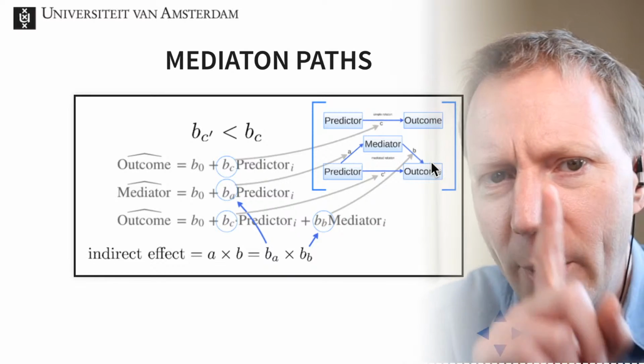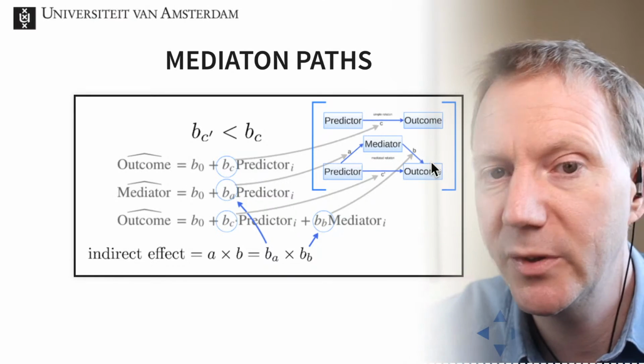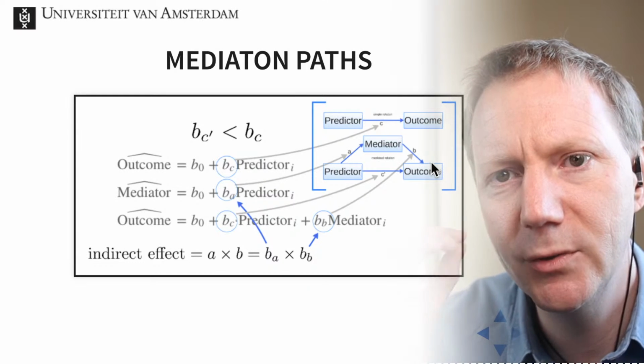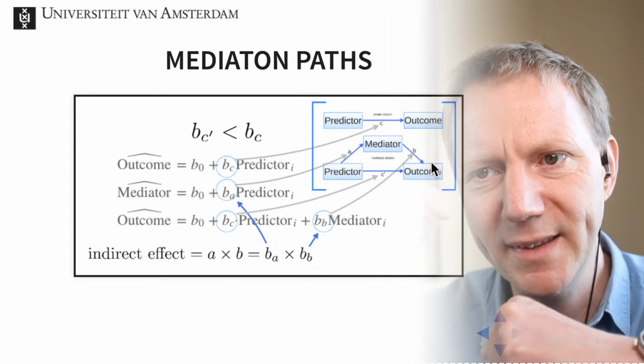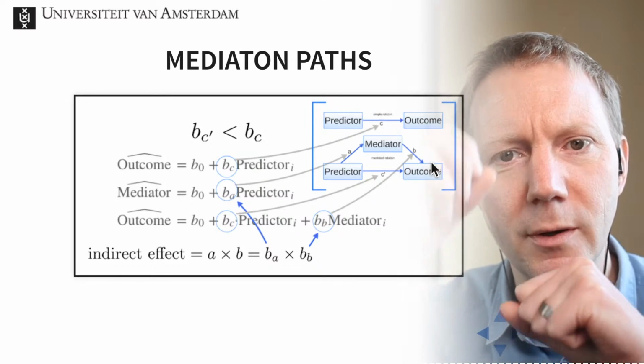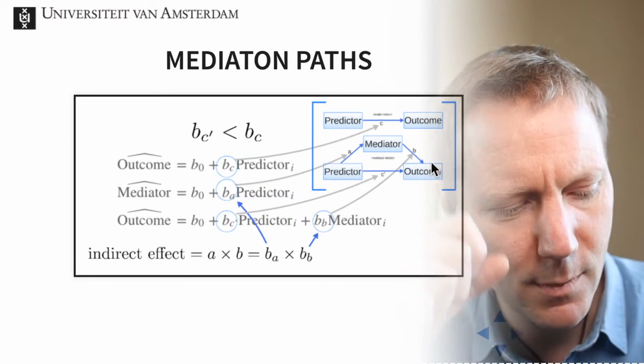But let's go back one step, because for the multiple regression, it's very important to understand that you are correcting for the other variable. So if you have two predictors trying to predict an outcome, only by putting them both in the model can you cancel out the effect of the other, if there is an effect of the other variable. If you cancel that out, you can see what is left only for this predictor on the outcome variable.